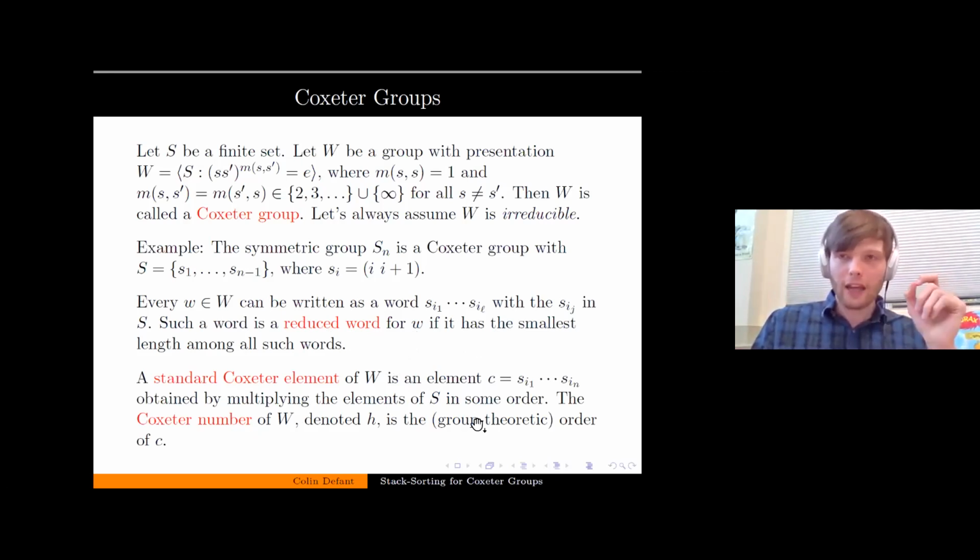But if we have a finite irreducible Coxeter group, then actually this will be some number which is intrinsic to the group, in the sense that it doesn't depend on the choice of the Coxeter element, because all Coxeter elements of a finite Coxeter group are conjugate to each other, so they all have the same order. Okay, so think of this as just some special number associated to the Coxeter group.